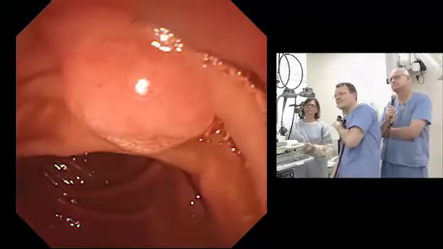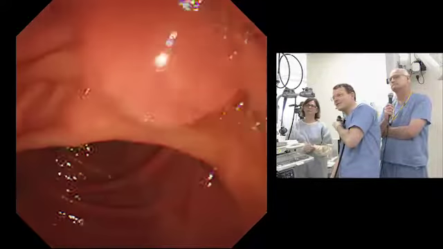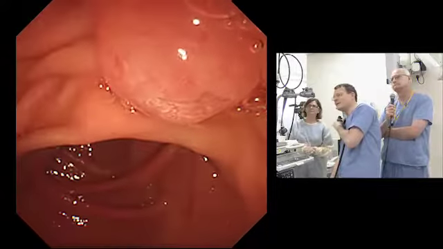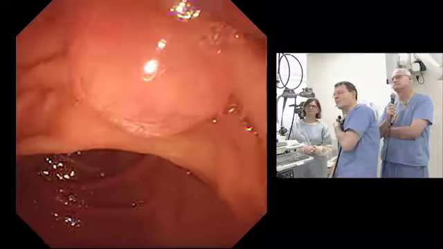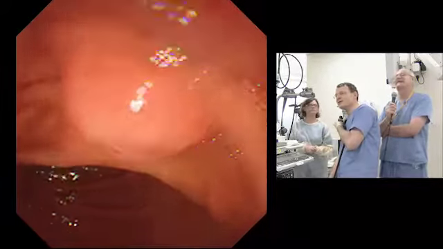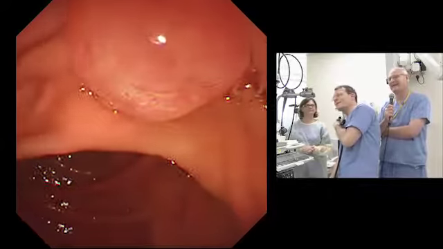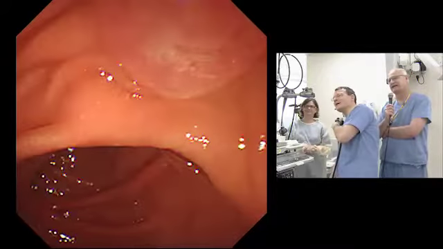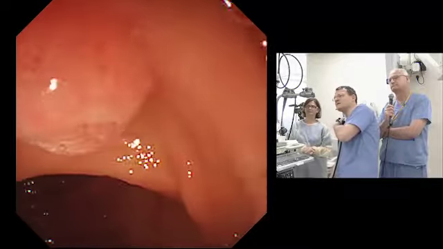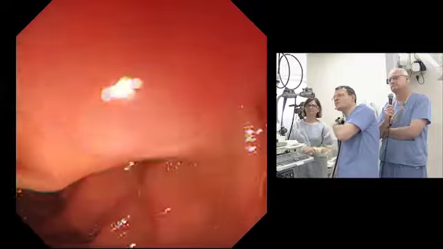I would say it looks a little bit swollen, but Rob said I sucked so much that it looks swollen. I tried to deflate a little bit of the air, because if this is a main duct IPMN, we would already get some mucus out of the papilla.